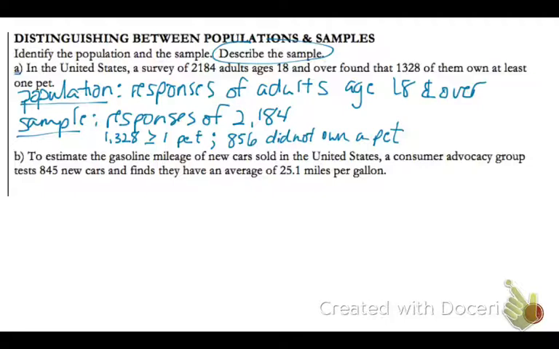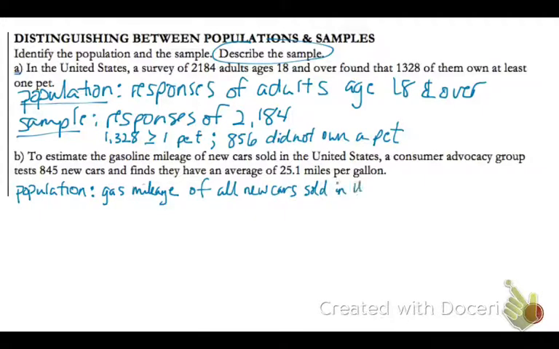So the population that we're trying to explore is the gas mileage of all new cars sold in the U.S. And then we'll look at the sample that we got.